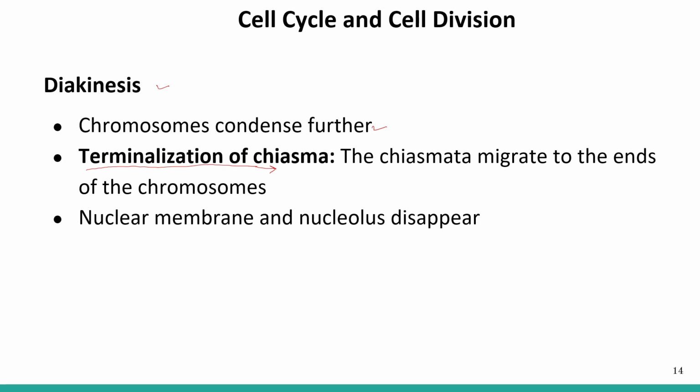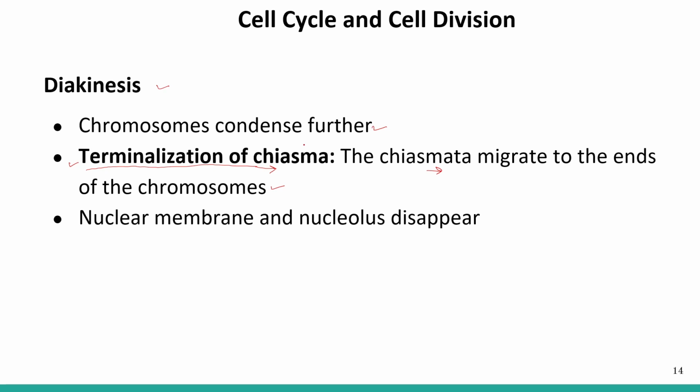After chiasma formation, the chiasmata migrate to the end of the chromosome. Why do they migrate to the end? Because the homologous chromosomes are repelling now. They are moving apart, and because of this, the chiasmata shift to the end of the chromosome. This process is known as terminalization of chiasma.